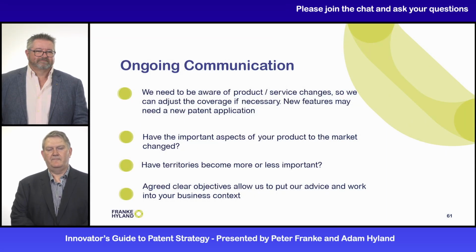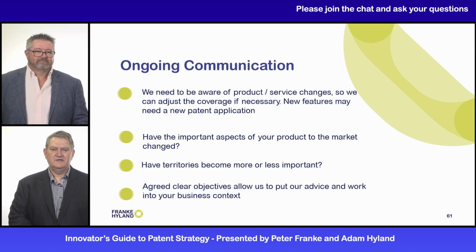So, a final point about strategy is that this stuff isn't set and forget. I'm sure there must be an example, I can't think of one, with a client whose product on the market in 5 years' time is exactly the same as it was on the day that we first met them.